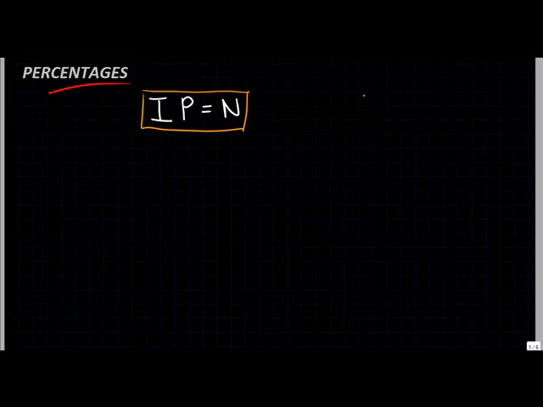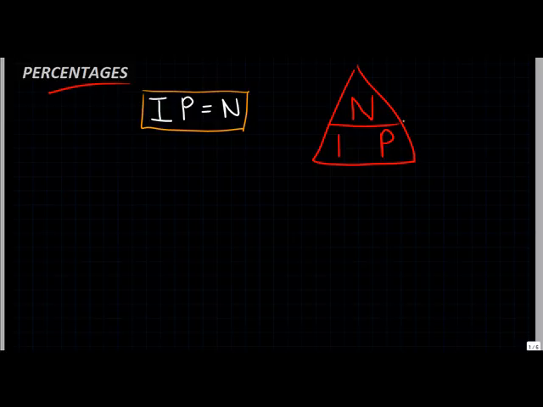I'll give you the idiot-proof way of rearranging this. A triangle with the word NIP in it. This is an unsophisticated way of doing it. If you want to get N on its own, imagine covering up the N here.